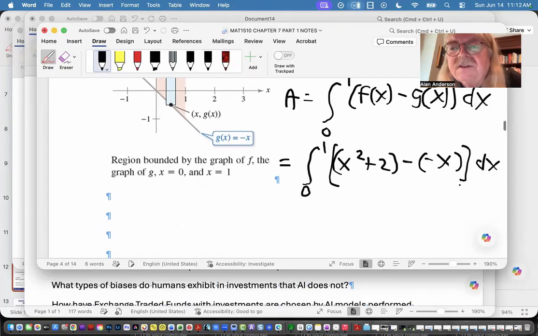All right, now the rest of this is just a question of simplifying it and then applying the rules of integration. And of course, at the end, applying the fundamental theorem of calculus to solve for the actual constant value.